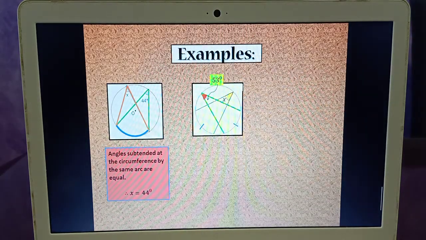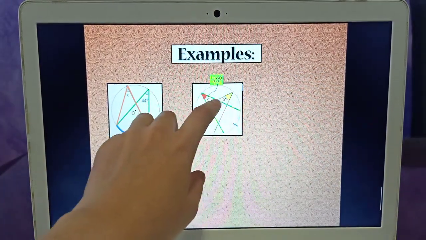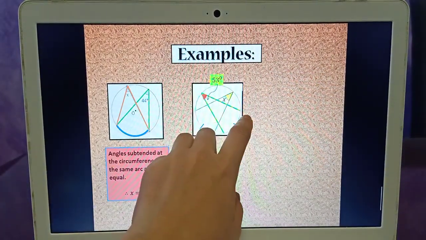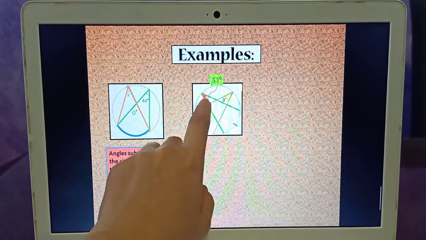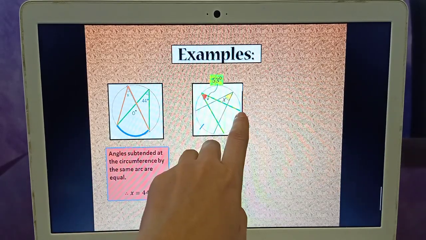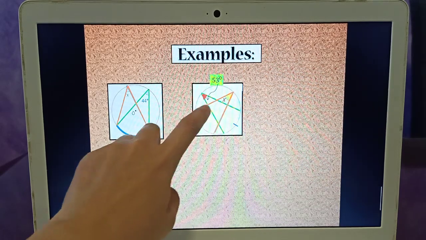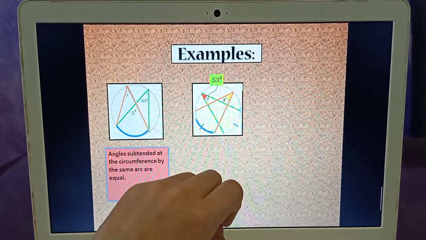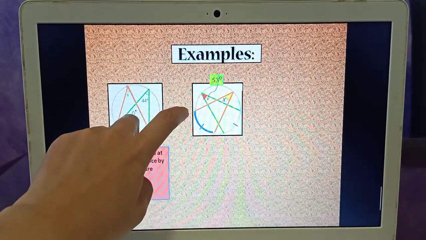How about this one? Okay, you see, very obvious. This angle 53 degrees is actually an angle subtended at the circumference because it is formed by a chord. This one also by a chord, and this one is by the arc, the blue arc here.